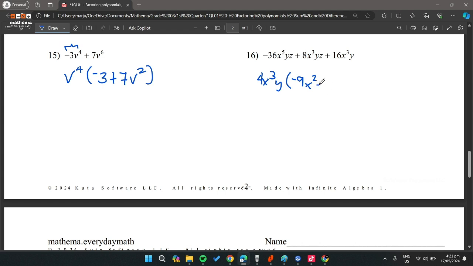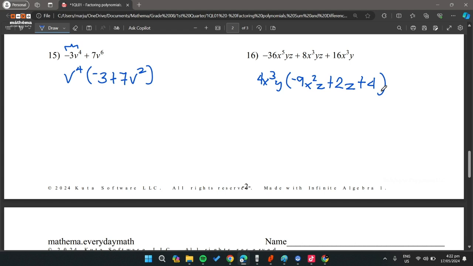We are left with z. And then plus 8 divided by 4, that is 2. And then x cubed is cancelled. Y is cancelled. We are left with z plus 16 divided by 4, that is 4. X cubed is cancelled. Y is cancelled. So that will be our answer.